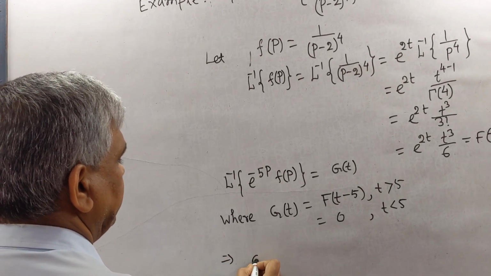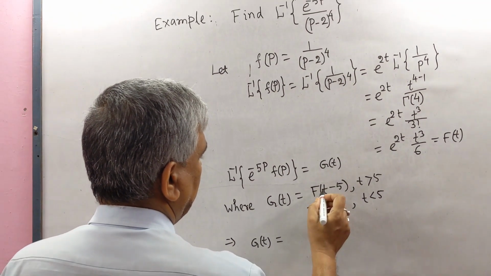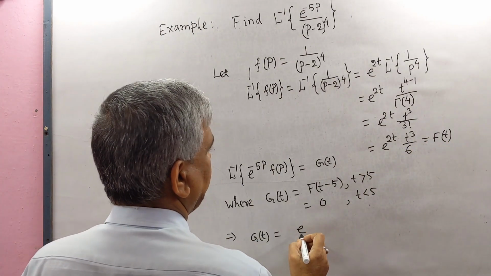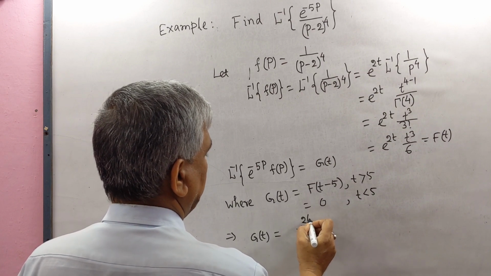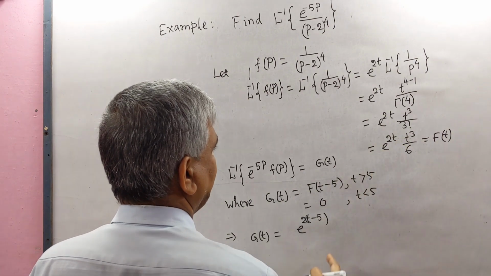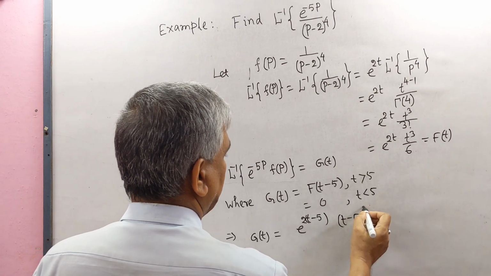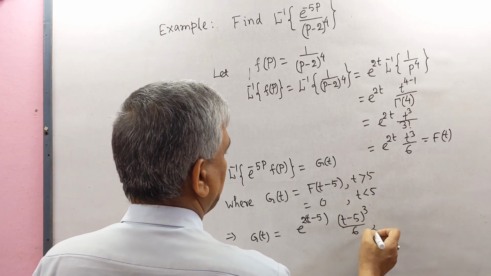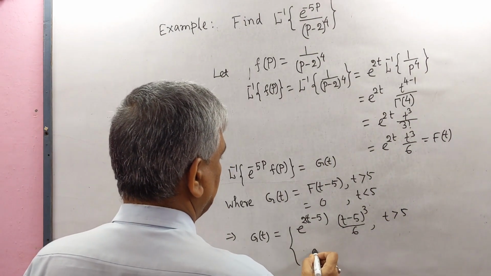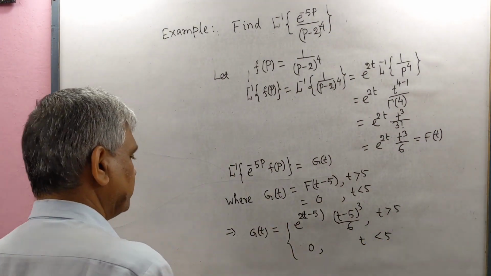This implies that g(t) equals f(t-5), that means e to the power 2(t-5), in place of t we write t minus 5, into (t-5) cube by 6 for t greater than 5 and 0 for t less than 5. This is the required solution.